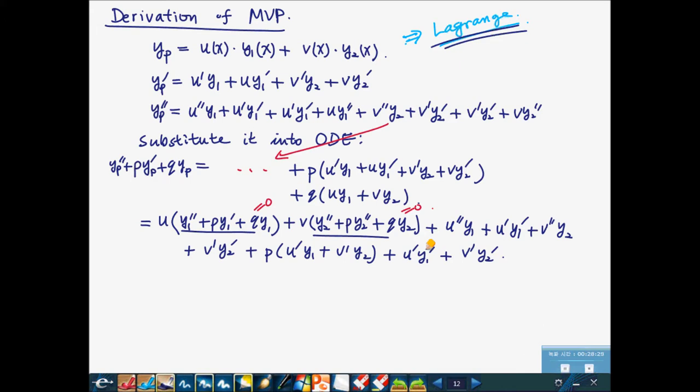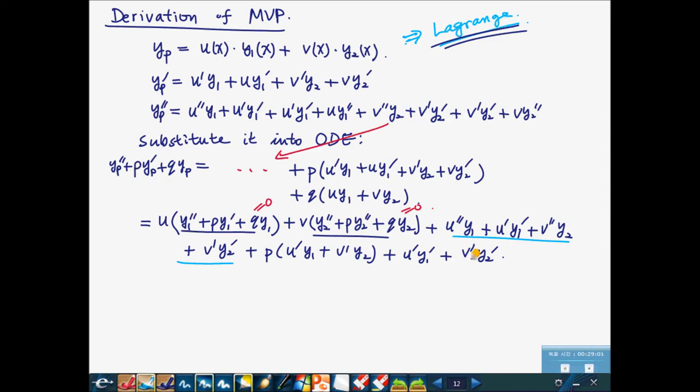Y1 plus V prime Y2 plus U prime Y1 prime plus V prime Y2 prime. Okay, simply rewriting it. And we know that this is 0. So, okay. What are you going to do with the rest? We see a clue. I mean, the natural feeling is we've got to do something with this, right? These are all differentiation stuff, right? It's all related. Wow.